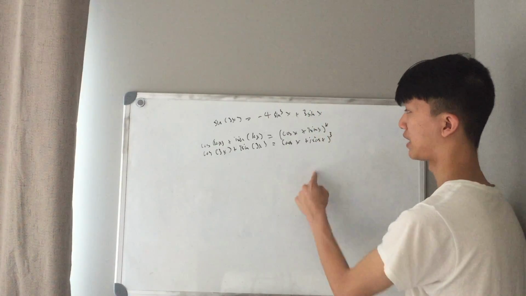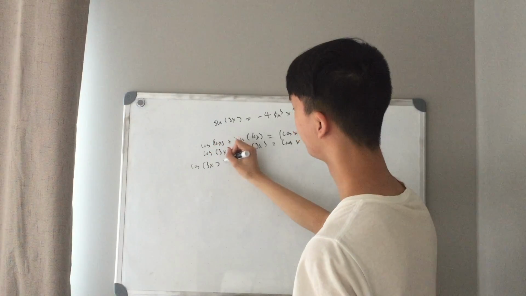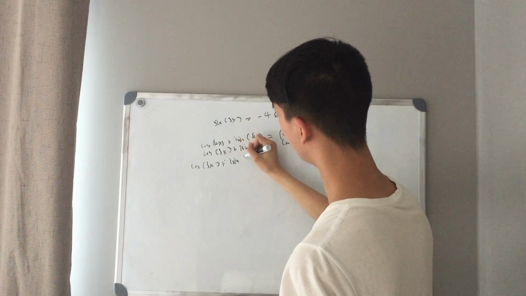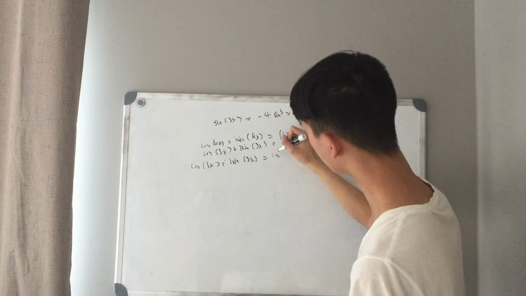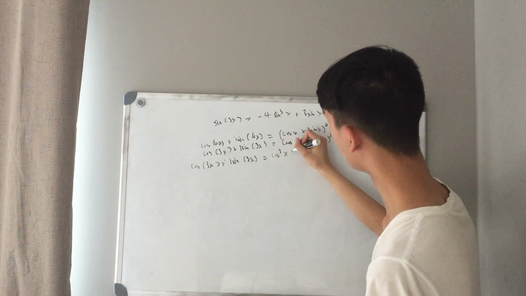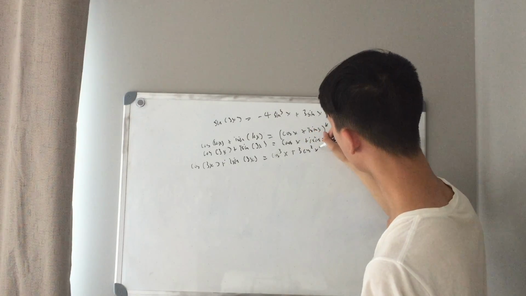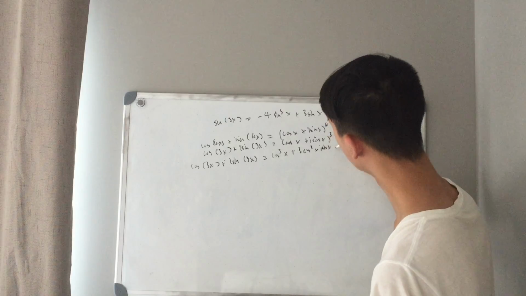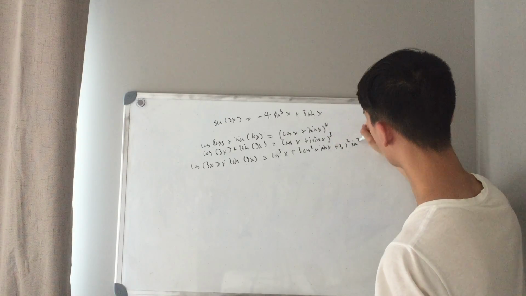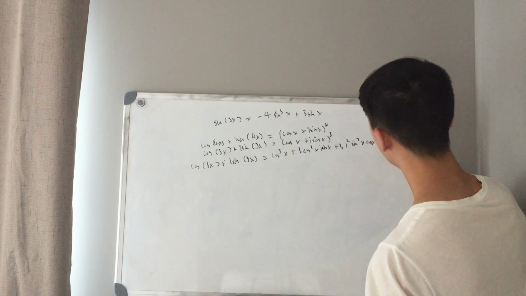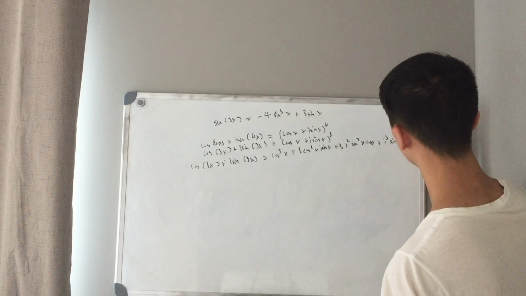Now we are going to expand this to get the cosine of 3x plus i sine 3x is equal to the cosine cubed of x plus 3 times the cosine squared of x times i sine x plus 3 times i squared sine squared x cosine of x plus i cubed sine cubed x.